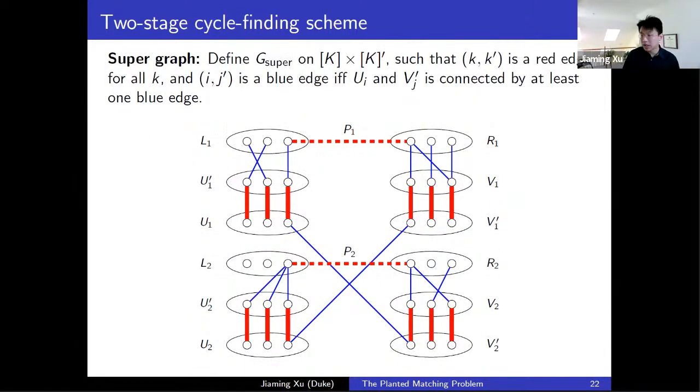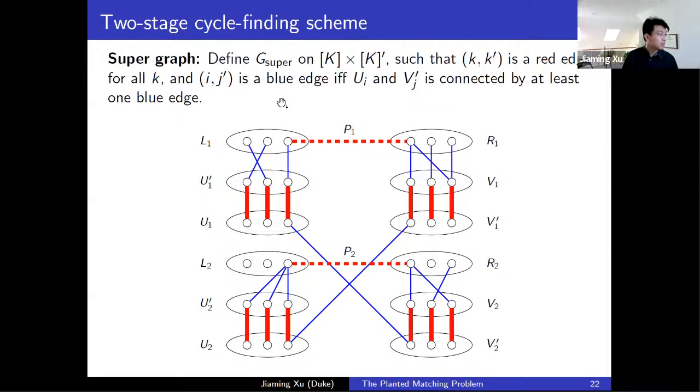Now, a useful representation that we can use to simplify is the so-called supergraph, where we can imagine the vertex k here represents UK, and k prime represents VK prime. And now k and k prime are always connected by a red edge to denote this augmenting path. And i and j prime are connected by a blue edge if ui and vj prime are connected by at least one blue edge.